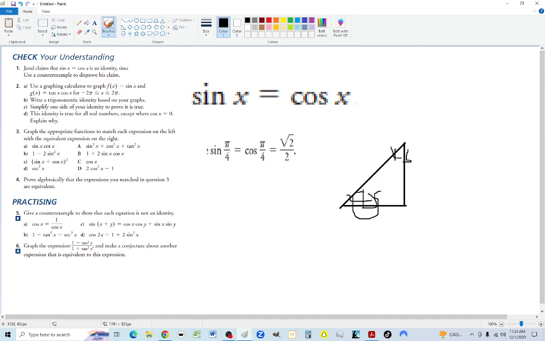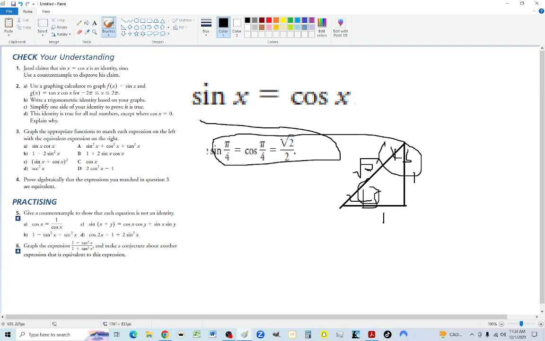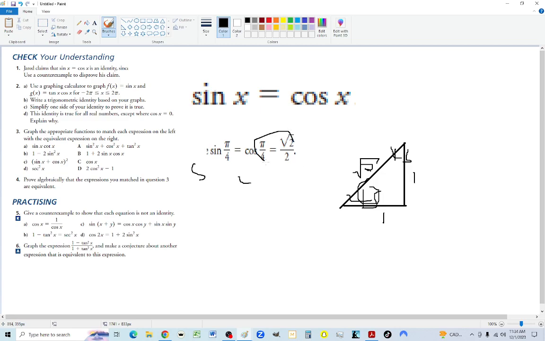So that means their sides are going to be the same. And if we square that and add them together, we're talking about the square root of 2 over here. If you say the sine is opposite over the hypotenuse, and the cos is adjacent over the hypotenuse, it's the same number. And that only happens with 45 degrees. So this is not a proof that the sine of any angle will be equal to the cos.